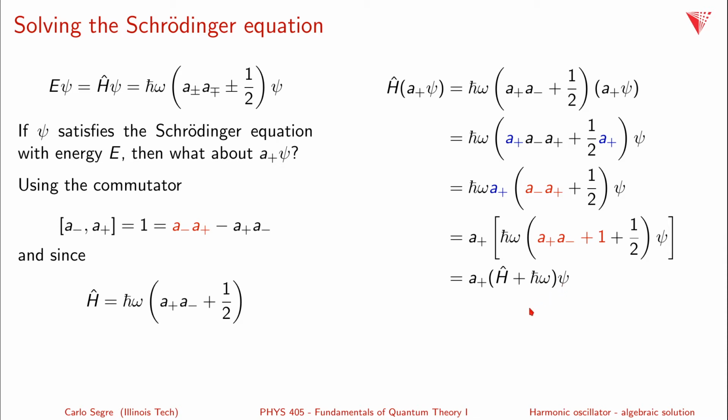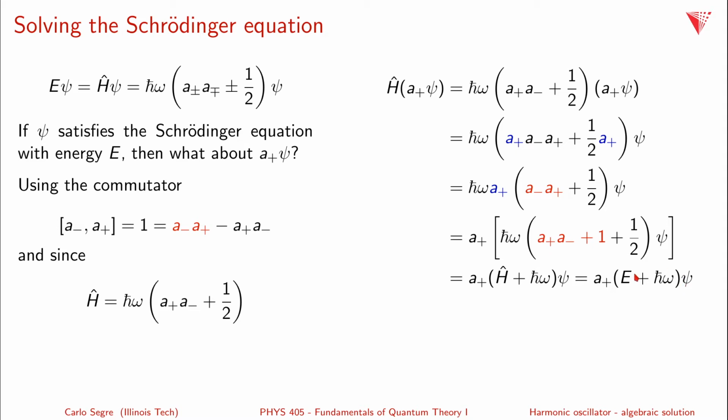Okay, so now I realize that psi satisfies the Hamiltonian equation, and this is just a constant. So I can now apply the Hamiltonian to psi, and I get E. And so I'm left with A plus times E plus h bar omega psi.